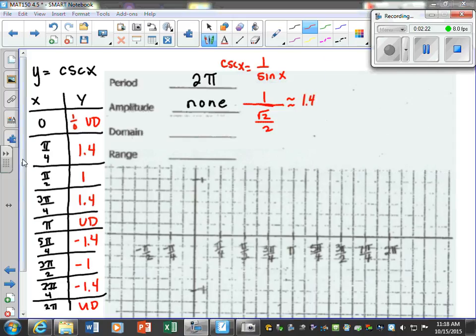The first thing I'm going to do is go to the undefined values and put a dashed line. So at 0, it's undefined here. Also at pi. And looks like at 2 pi.